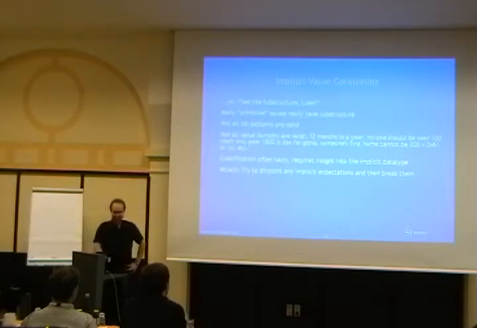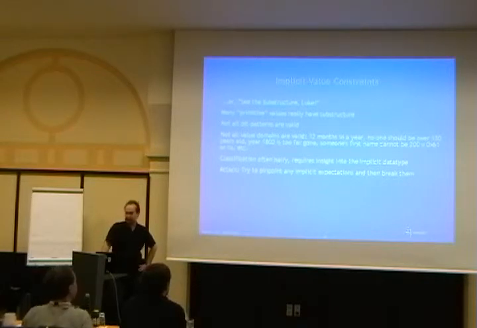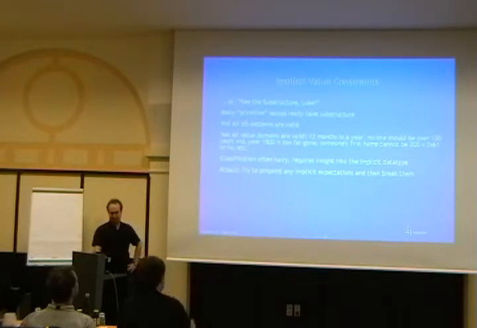So often the classification of these kinds of implicit value constraints is a gray area. You have to somehow understand the implications of a particular data type. Especially with proprietary protocols, it's hard to know if there is some implicit substructure within a value that is expected. So you should always try to at least guess what the expectations are, or what a particular value could be used for, and then start breaking it in every possible way.